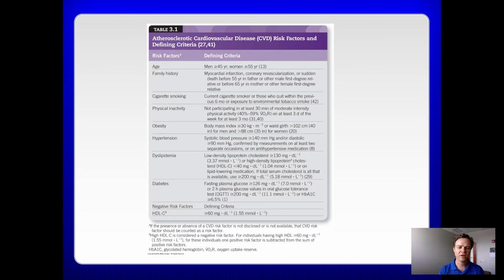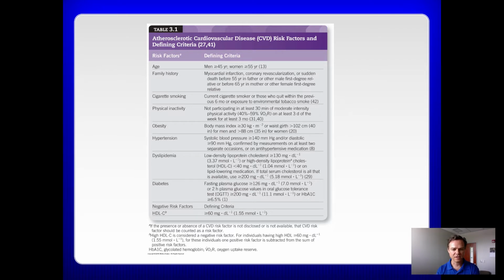So whichever number is higher, that's what meets the criteria. Also, if you're on any antihypertensive medication, so if you're on meds for blood pressure, you automatically have the risk factor. So the individual's blood pressure might be controlled, great, but they do have the risk factor as far as this is concerned.